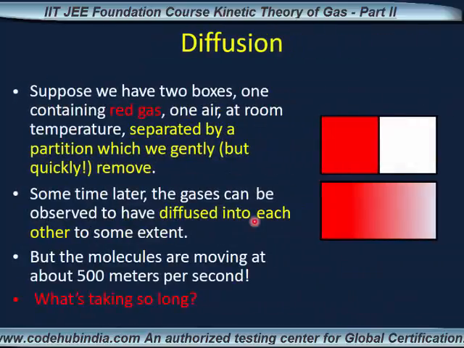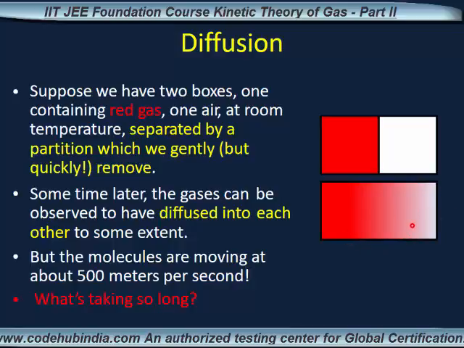Now what is equilibrium? Suppose you have two boxes. There is one red colored gas and another white colored gas, separated by a partition. When you pull it out, mixing starts to take place until the molecules are spread throughout both sides.